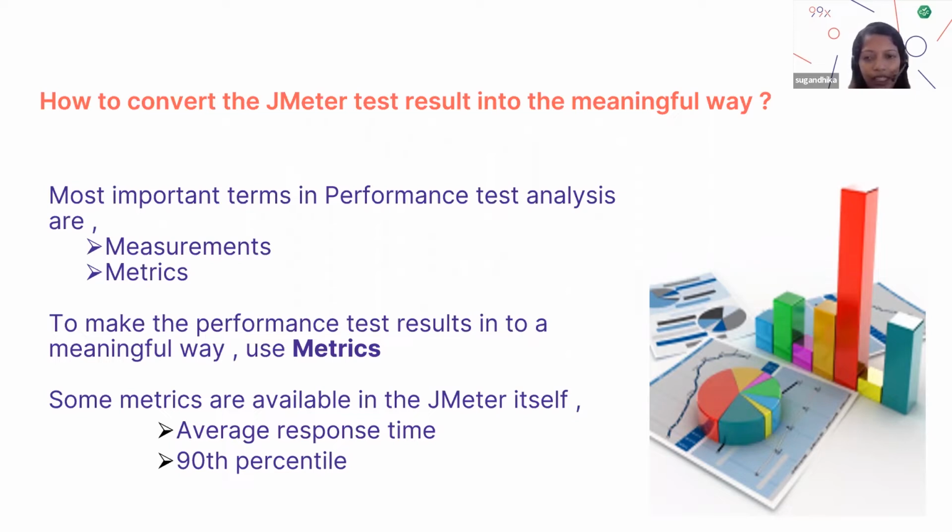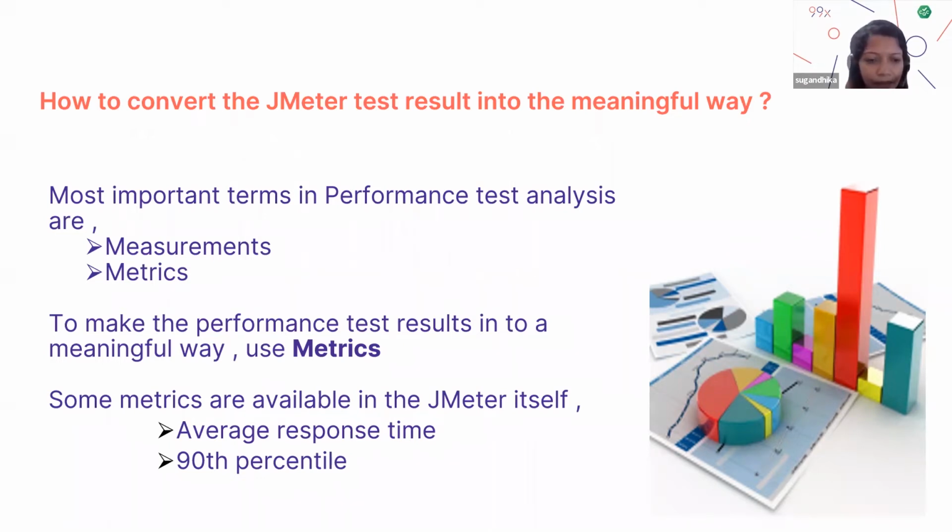So that average response time is the metric that we are going to collect, and also a measurement is the response time for each and every sample. So likewise, you always have to keep in mind that you have to present the raw data which you are collecting through JMeter in an understandable manner.